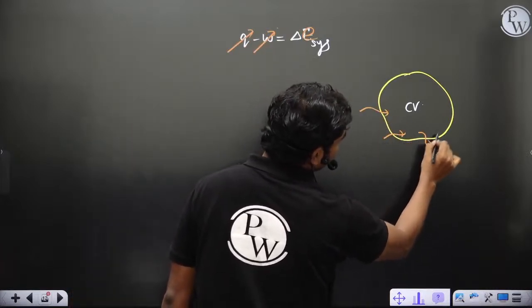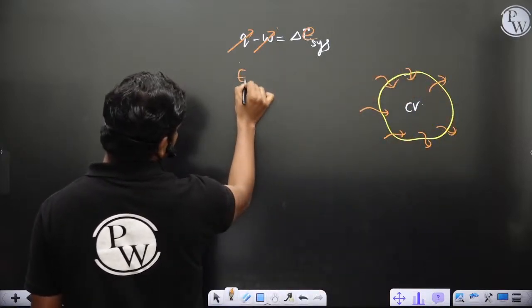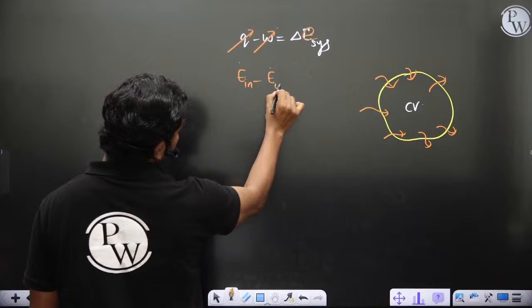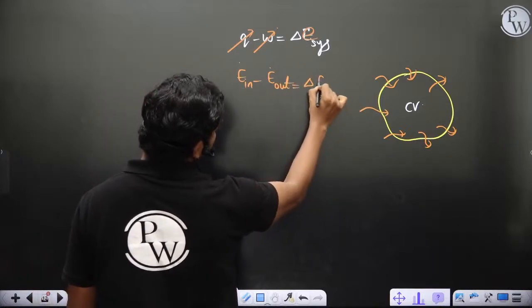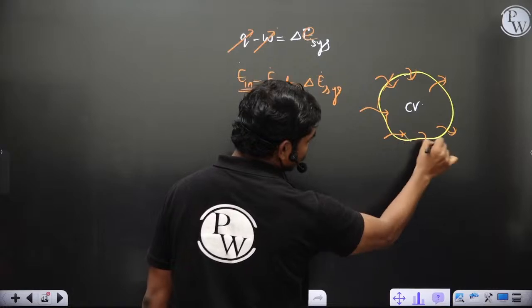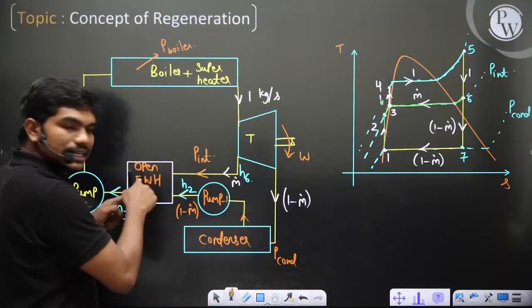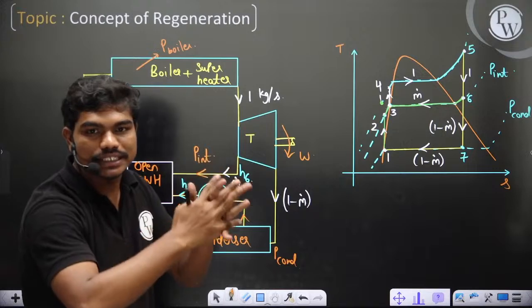Okay. If energy is going in and energy is going out, you remember I was talking about energy in minus energy out is equal to change in energy rate of the system. Okay. So these are at the boundaries of the control surface. So if you take this feed water heater, heat won't come outside this feed water heater. Internally they mix with each other.